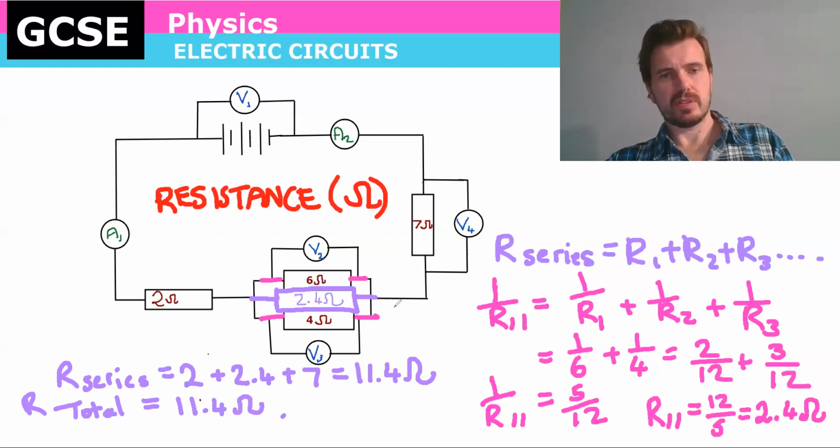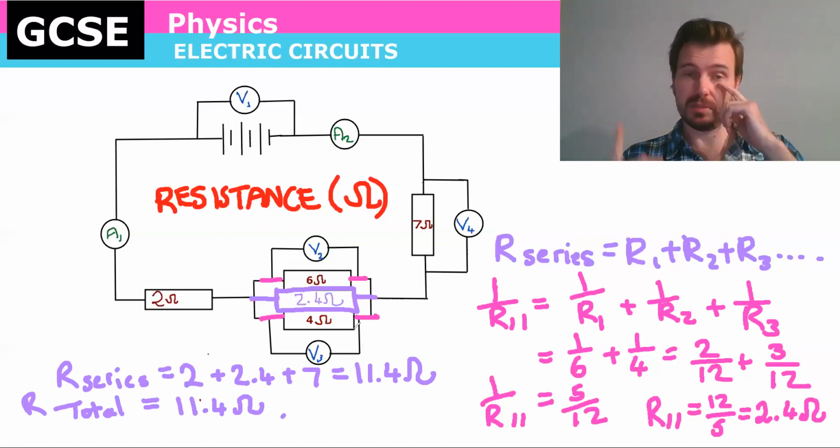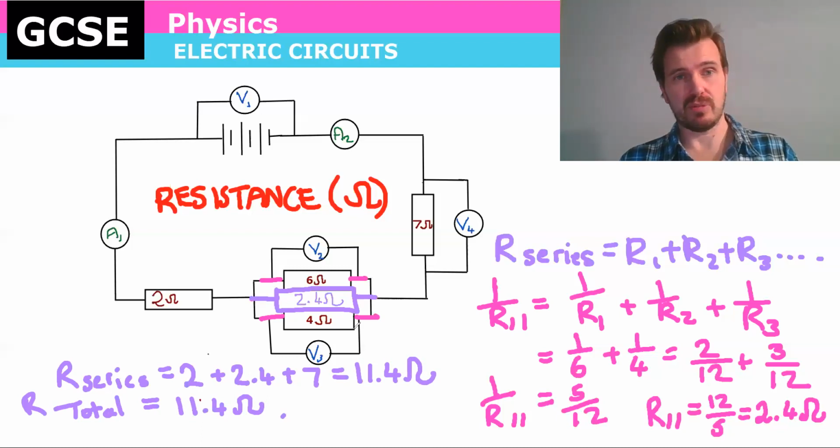For the next lesson, we're going to use this value of 11.4 ohms to be able to calculate the total current in the circuit, and therefore we would be able to do the voltage readings on each. But that's all for next time.